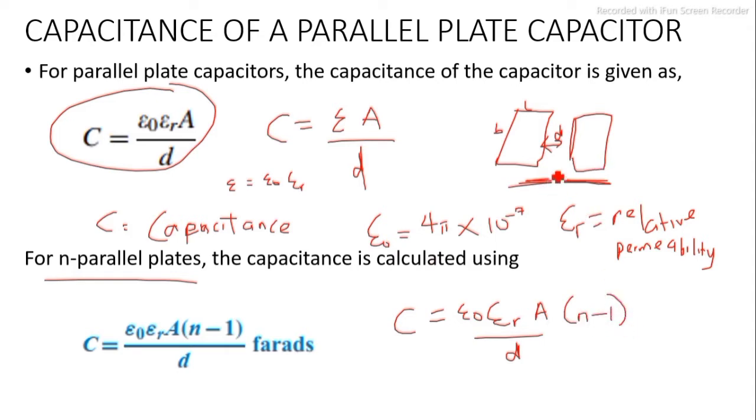If you are given 3 parallel plates, it will be 3 minus 1. In this case we are given 2, so n is 2, and that will be 2 minus 1. So C equals epsilon naught, epsilon r, A over D, times 2 minus 1, which is 1. That's times 1, and we get back this.